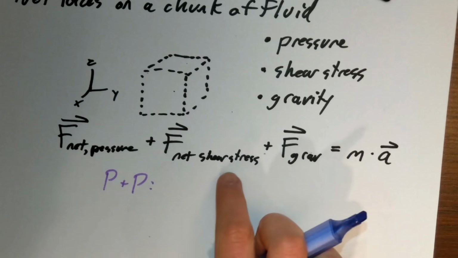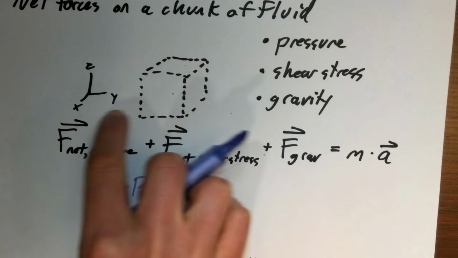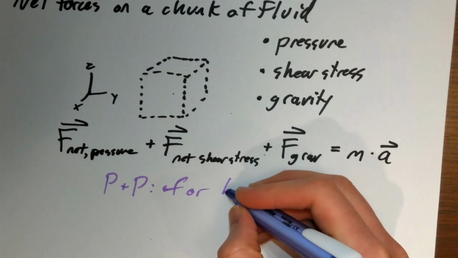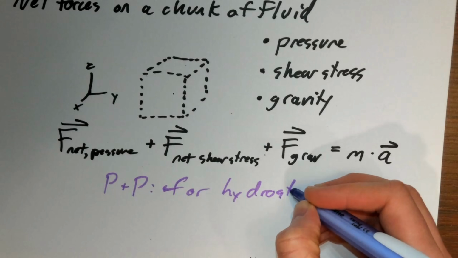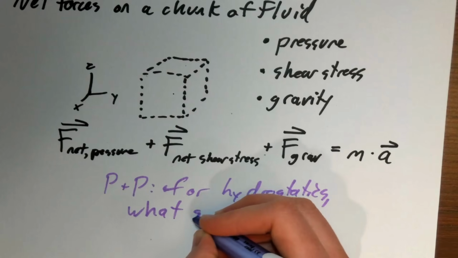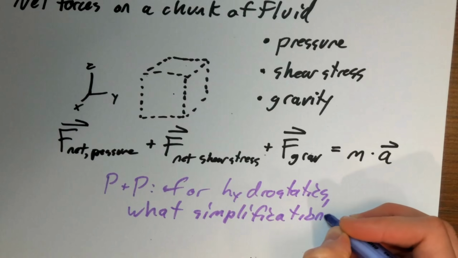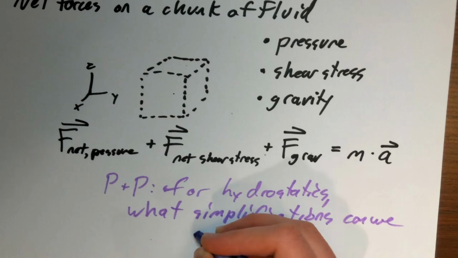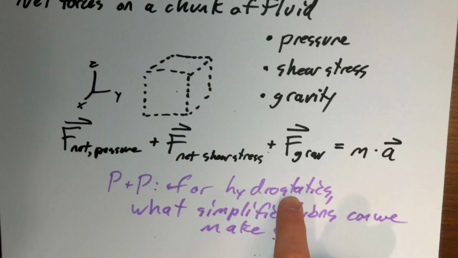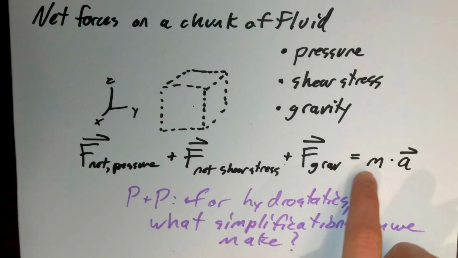If we're just going to go straight to hydrostatics on this chunk of fluid, what simplifications can we make to the above equation?